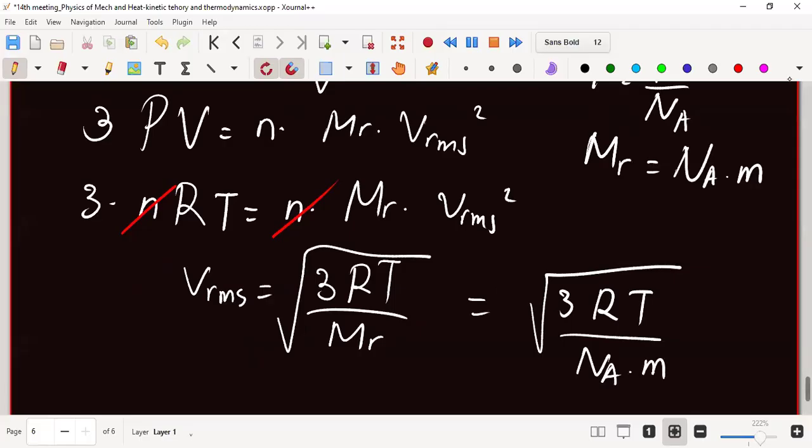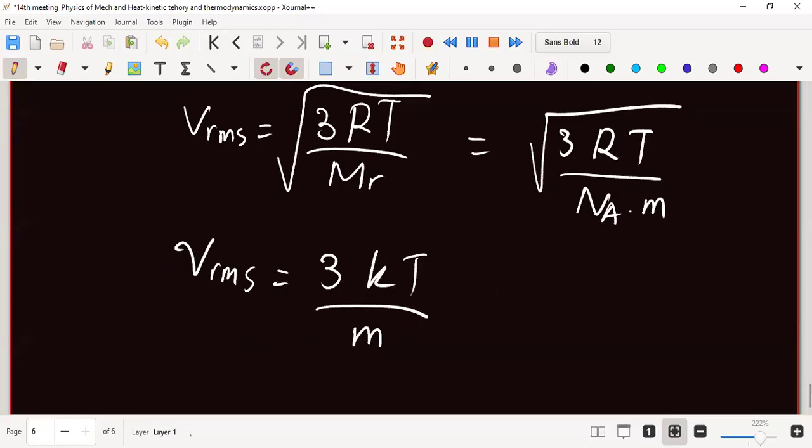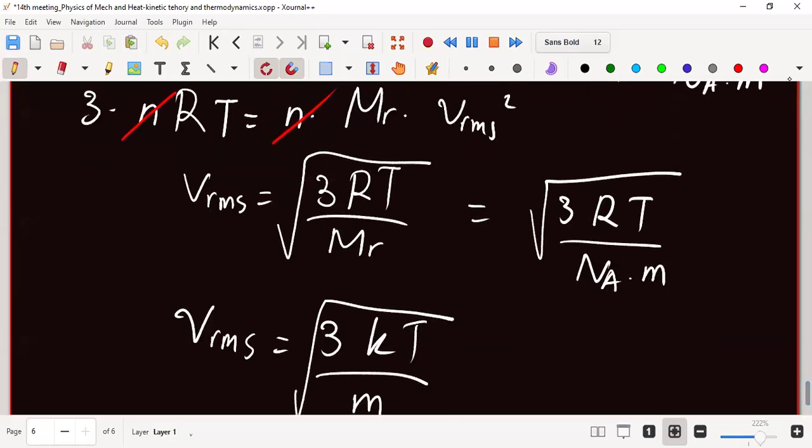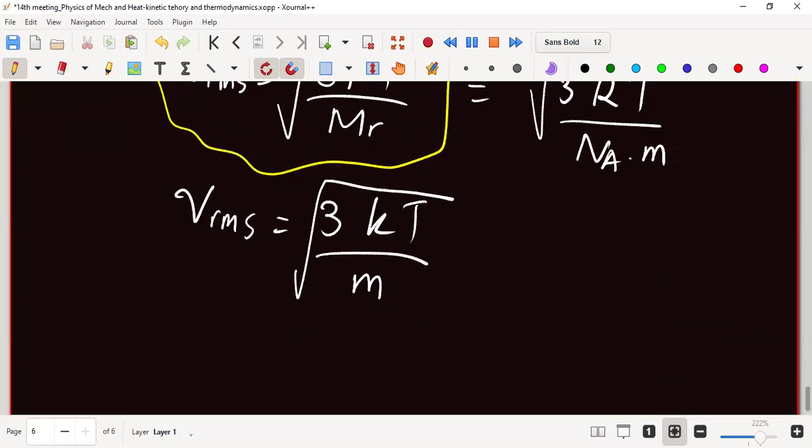R divided by Na is Boltzmann's constant. So the VRMS is the square root of 3kT divided by the mass of the molecule. Okay, any question? So this is the formulation for VRMS, root mean square velocity.